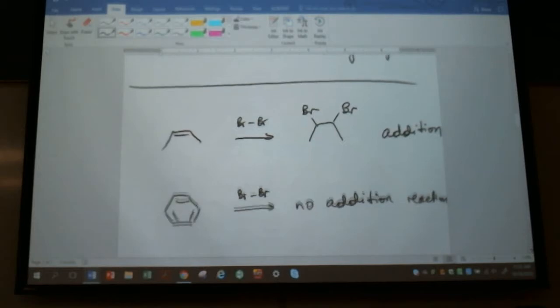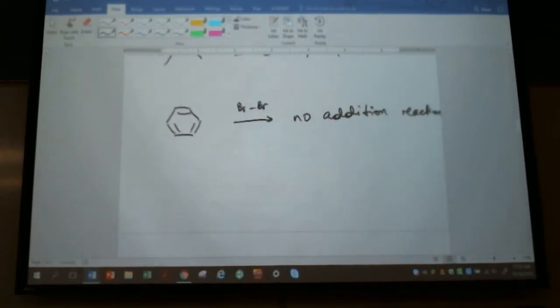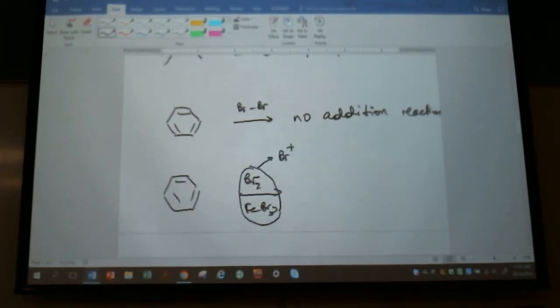If I make this a much stronger reagent, which will involve mixing Br2 with a strong Lewis acid catalyst, where these two will first react together and effectively make bromonium ions, a super electrophile, now we might be able to budge the benzene.